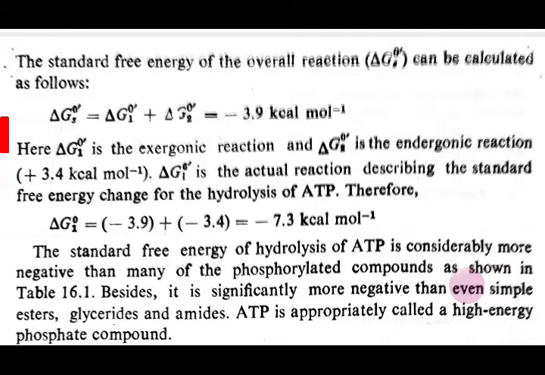ATP is appropriately called the high energy phosphate compound. So in this reaction we showed that ATP gives a large amount of energy when it is hydrolyzed to perform work, and it is the most suitable compound which furnishes energy for the functions of the cells, organs, muscles, ligaments, etc.